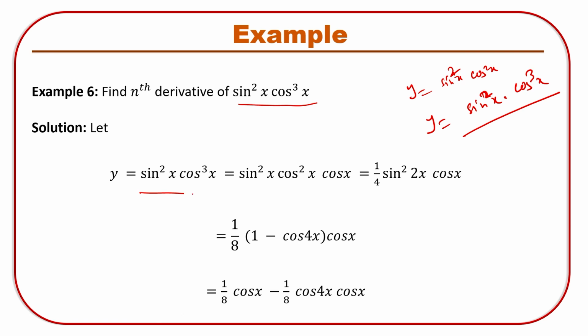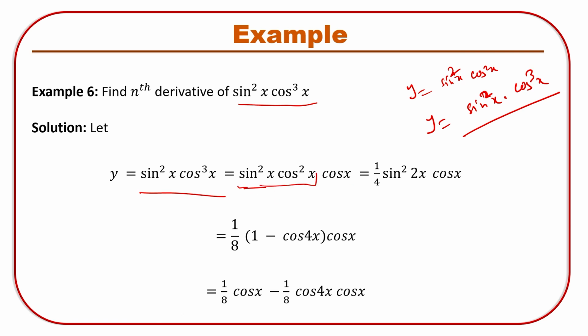Firstly, we will use sin square a into cos square b, then use the formula to convert it into another trigonometrical function, and then change that into a single function or addition and subtraction of single trigonometrical functions.